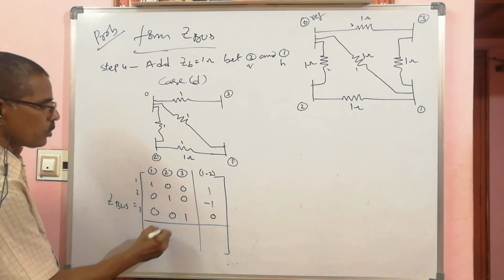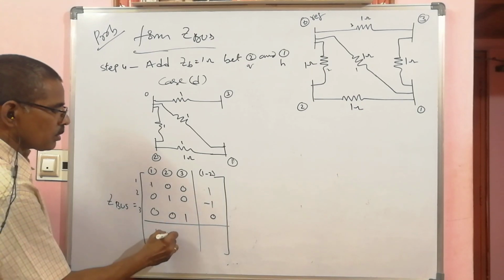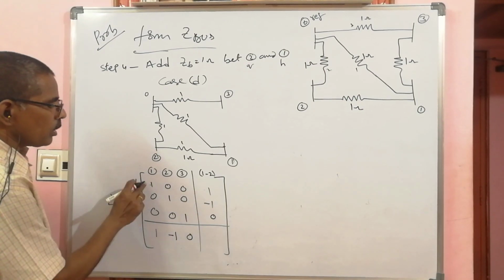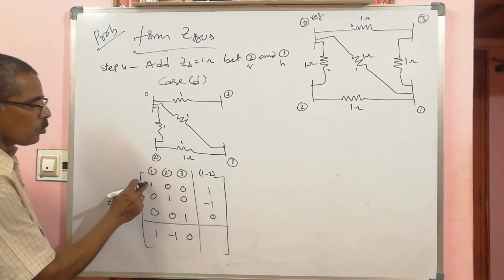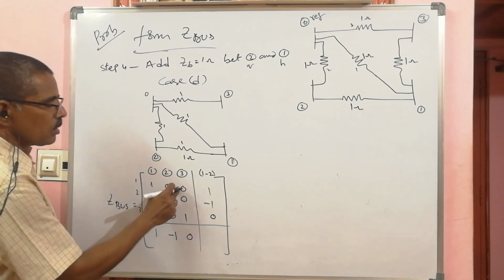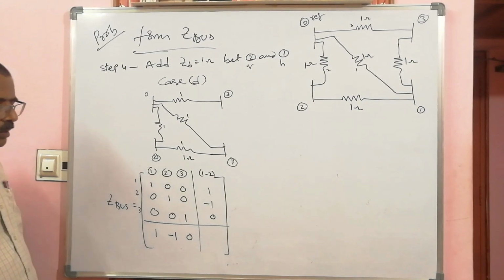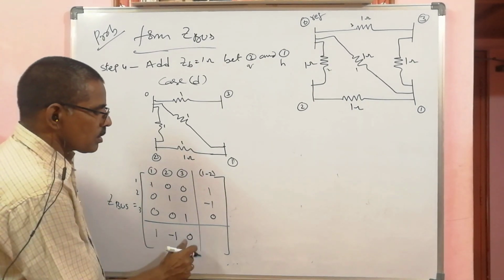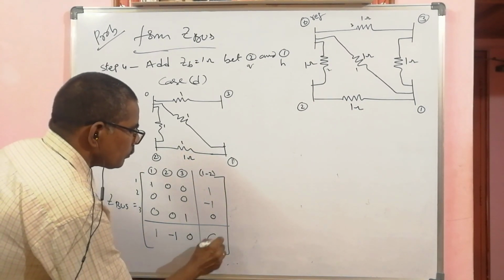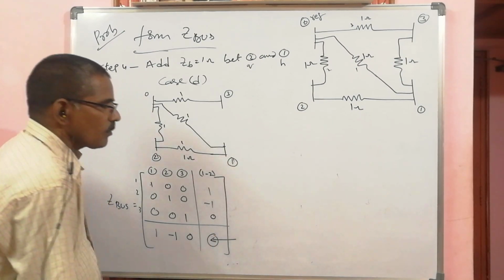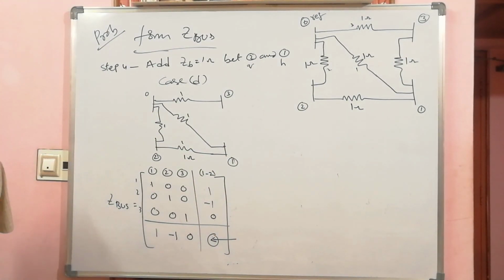So here the values are, transform this. Or you can take this minus this, 1 and 2, this minus this. And then what is this value? This is the formula given, is it not?